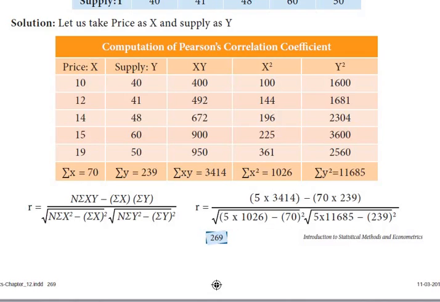And same is with the y values also, root of 5. N refers to 5, number of values, into sigma y square. So the sum total of y square is 11685. So 5 into 11685 minus sigma y the whole square. So you must write the sum total of the y value, that is 239. So 239 it is squared. So 239 the whole square.